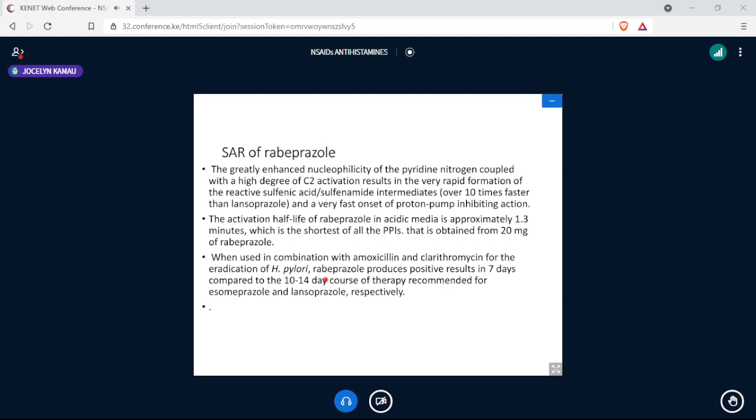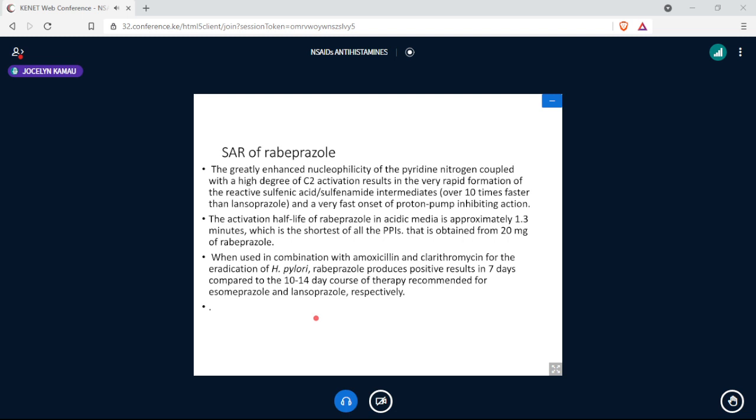So you give very aggressive therapy. You can see that clarithromycin in combination with amoxicillin is very aggressive therapy, and of course with either rabeprazole or the others. But with rabeprazole, you will give 7 days, and with either esomeprazole or lansoprazole, you will give 10 to 14 days.